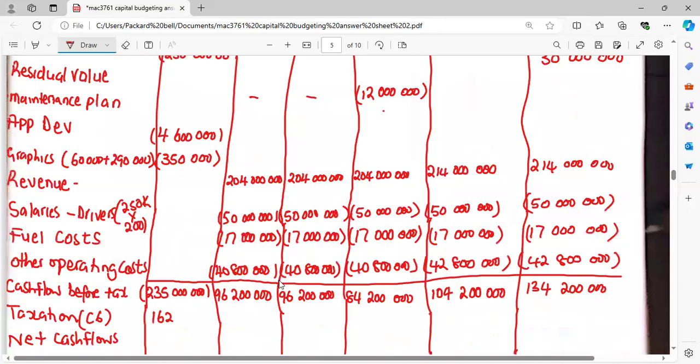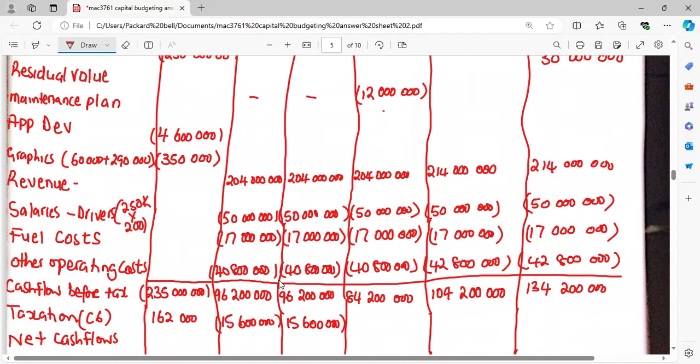Then the second one, it's going to be what? 15,600,000.